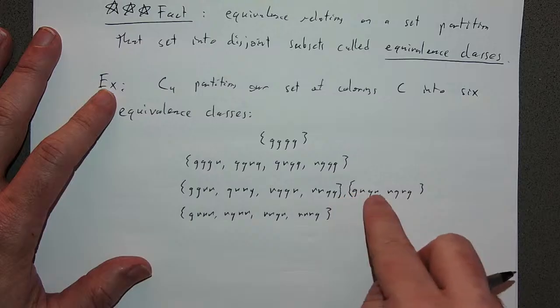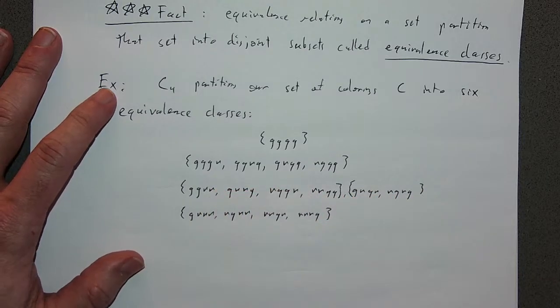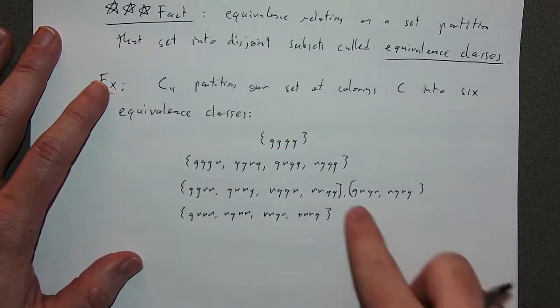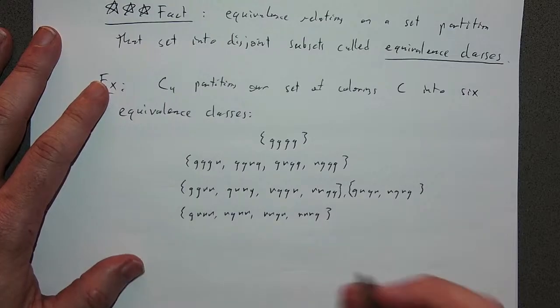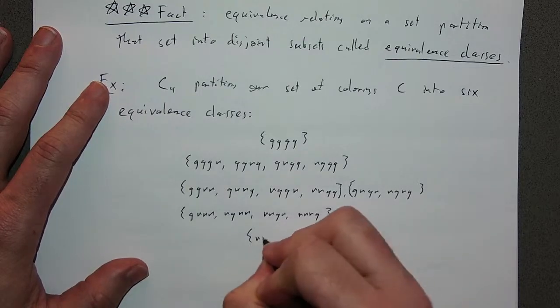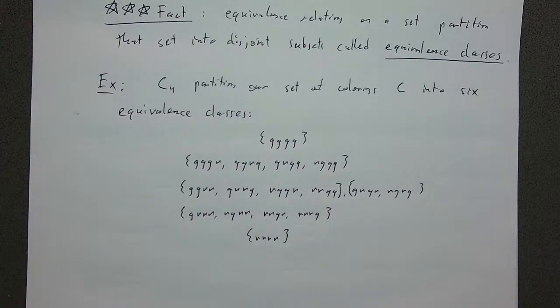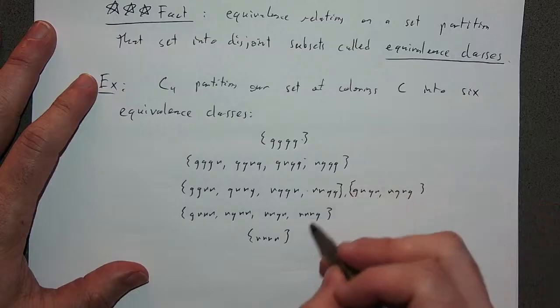I'm not going to go from green, red, green, red to red, green, red, green to one of these things. Okay, I should have written that on a separate line, but that's fine. And then lastly, all red. So 1, 2, 3, 4, 5, 6.